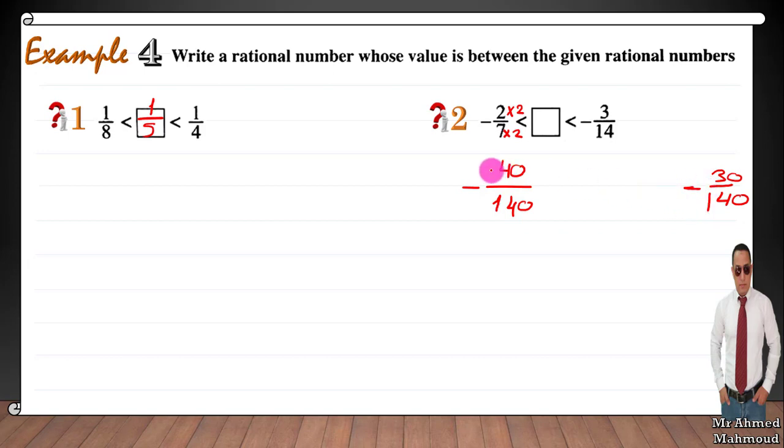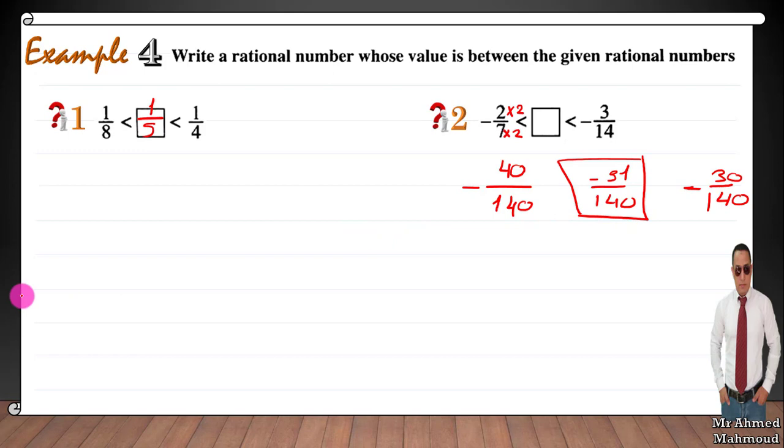Now I have negative 40 over 140 and negative 30 over 140. I can find 9 numbers between negative 30 and negative 40. You can use any number between them. I'm going to choose negative 31 over 140. You can use negative 32, negative 33, any of them is correct.